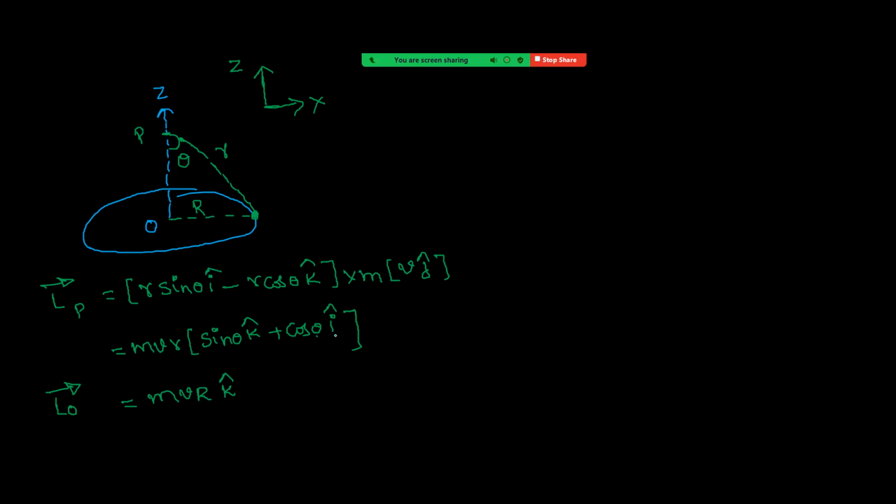This direction is not constant. About any point on the z axis other than the center of the circle, this value is changing.